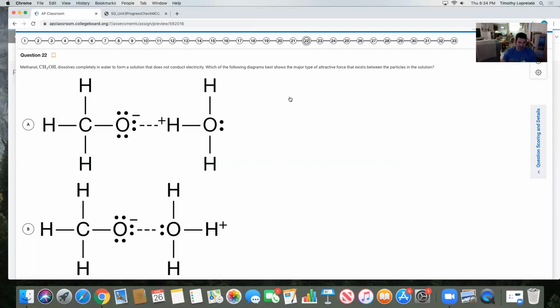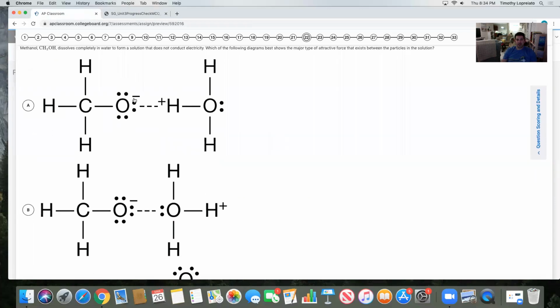Methanol, CH3OH, dissolves completely in water to form a solution that does not conduct electricity. That's important. Which of the following diagrams best shows the major type of attractive forces that exist between the particles in the solution? Here in choice A, we actually have ions. So that discredits it, right?